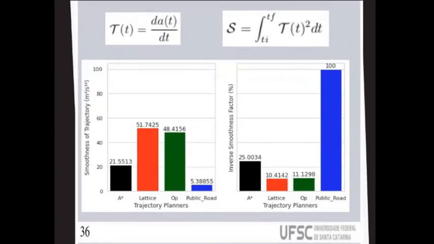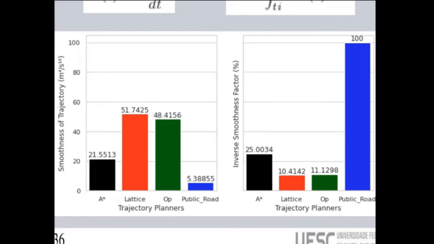So the values are here, the smoothness of trajectory, but as the smoothness is the power of the jerk, then the highest value actually is the less smooth trajectory.